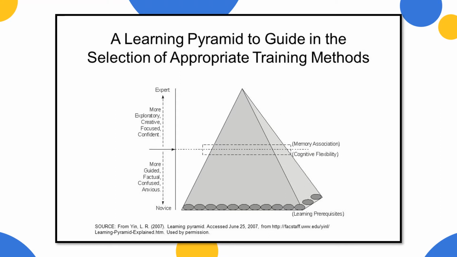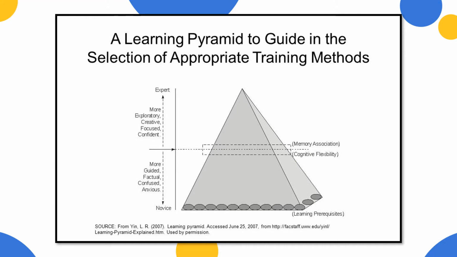Therefore, novice trainees generally require more guided or instruction-centered training methods. In contrast, as trainees' existing level of expertise increases, they become more creative and confident. Thus, the desired or ideal training methods are also likely to shift more toward exploratory or experiential methods.